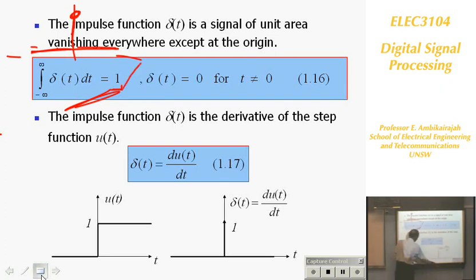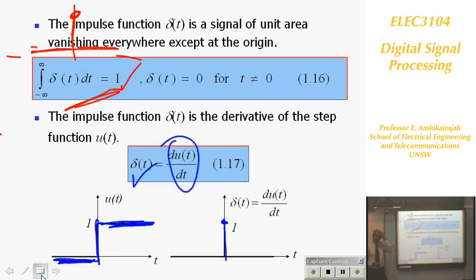And you can take a step function. If you differentiate this, the differentiation here is 0, and the differentiation here is 0. At that point you get a discontinuity, it's an impulse. So by taking a step function and differentiating it, you can get an impulse. That's how you do it in analog signals, if you want an impulse.